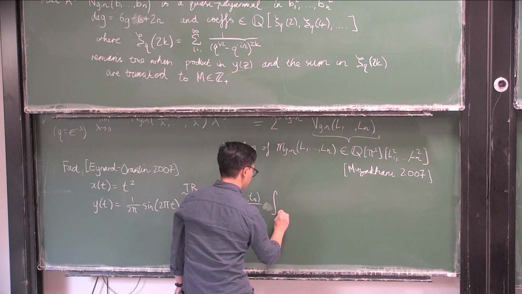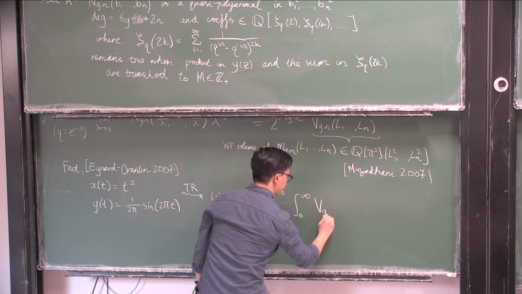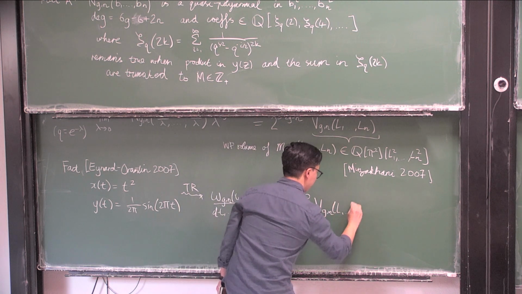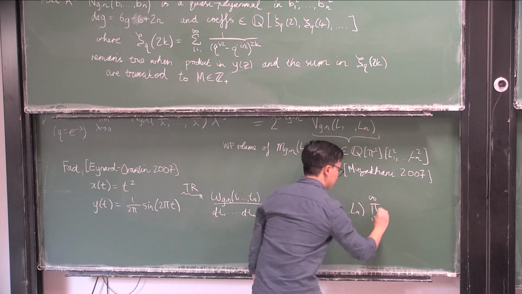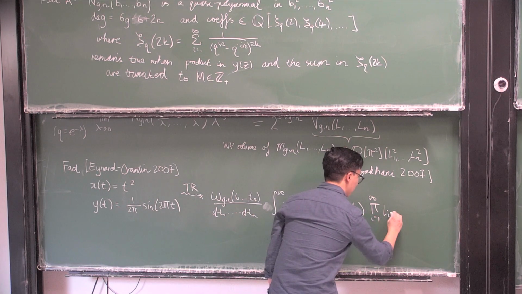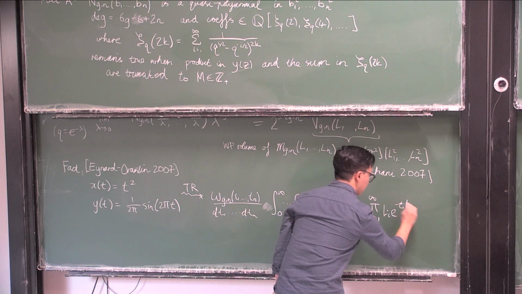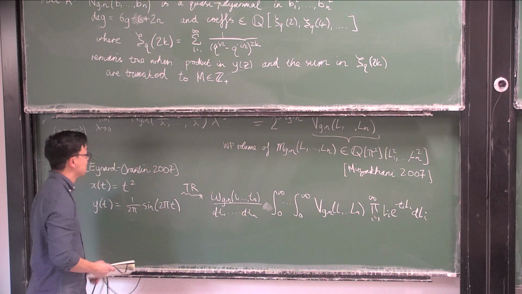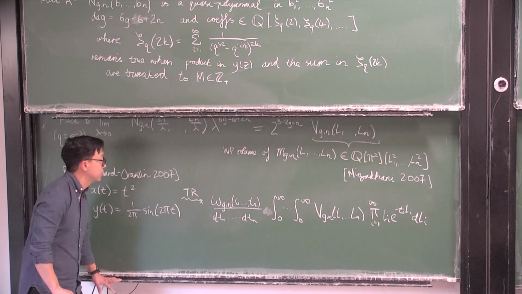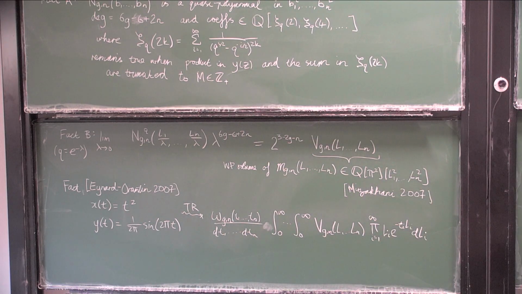So there's this multiple n-fold integral, V_{g,n}, L1 to Ln, and then we've got this Laplace kernel, so Li e to the negative ti Li dLi. So I guess all you have to do is stare at this and stare at this and say that they're essentially the same.